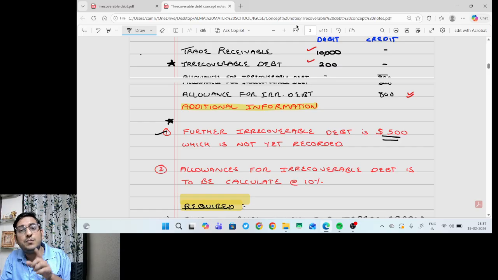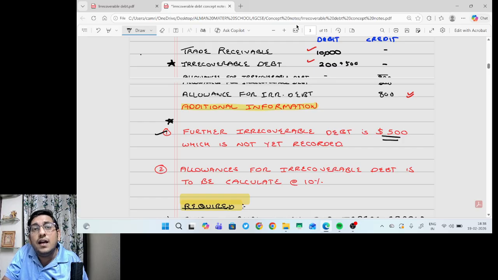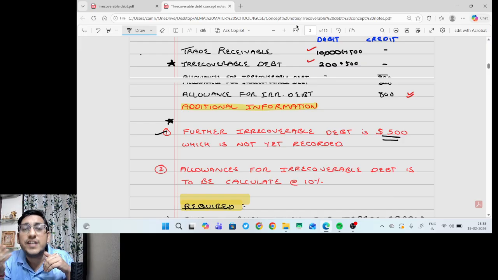That entry will be irrecoverable debt account debit, trade receivable account credit. So my irrecoverable debt after passing this entry becomes 700, because 500 plus 200 is 700, and my trade receivable will be reduced by 500. After passing this journal entry, the balances of trade receivable and irrecoverable debt will change.